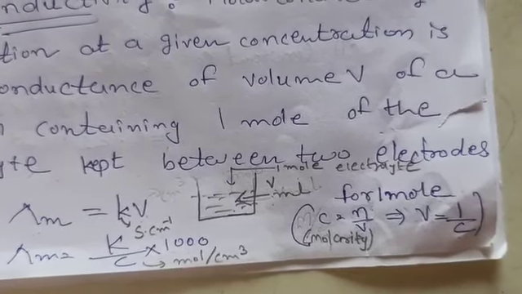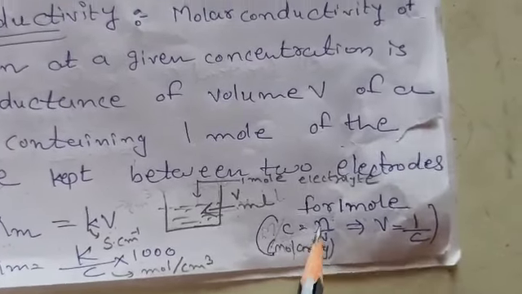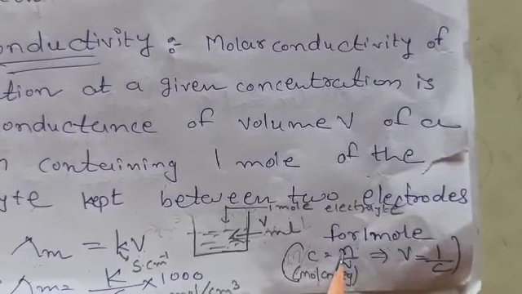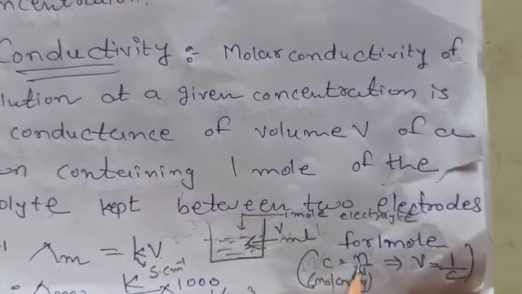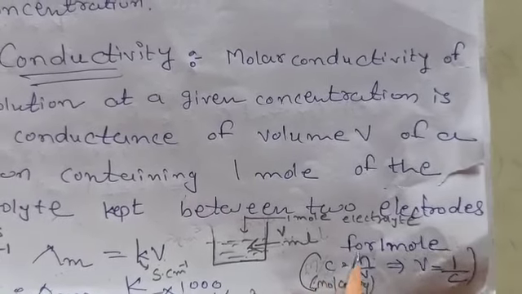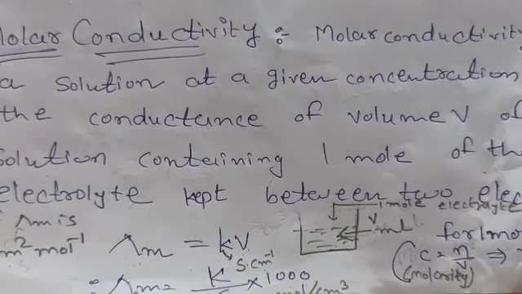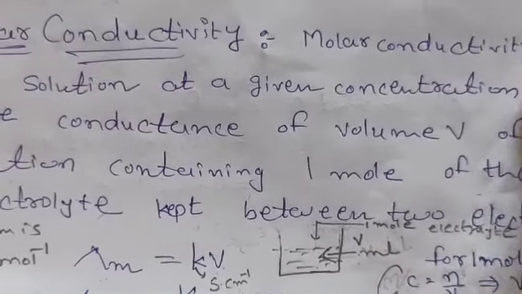Now if we take the concentration as molarity, the molarity is equal to mole by volume, right? Here we are finding the concentration for 1 mole solution, so take mole as 1, so concentration will be 1 by V, so you can replace V equal to 1 by C. So molar conductivity will be conductivity by concentration.